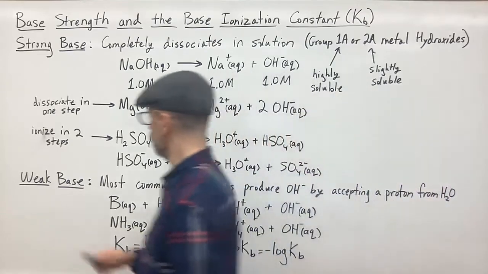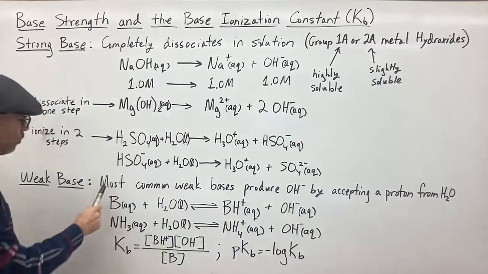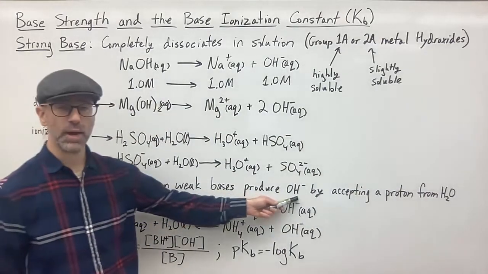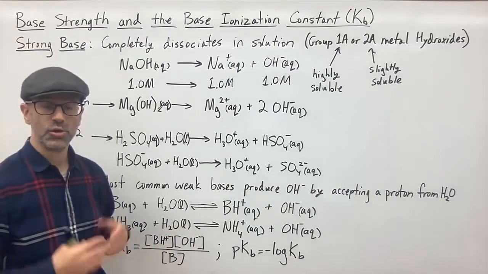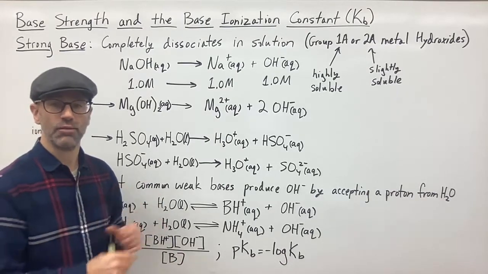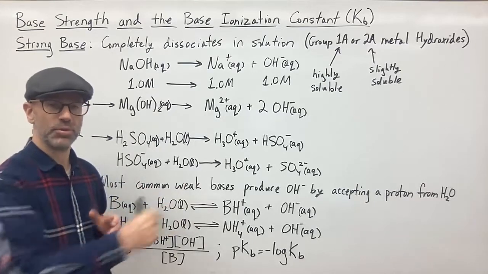Okay. What about weak bases? The most common weak bases produce OH minus by accepting a proton from water. They don't have anything in them that's going to give off an OH. They're going to take a proton from water, and that produces the OH.